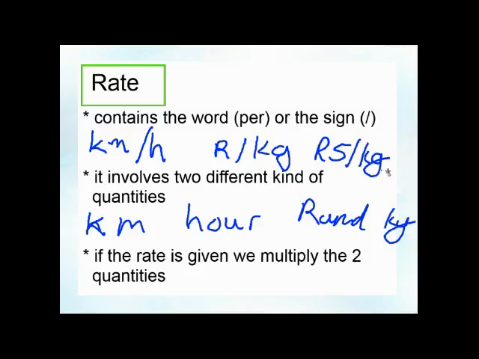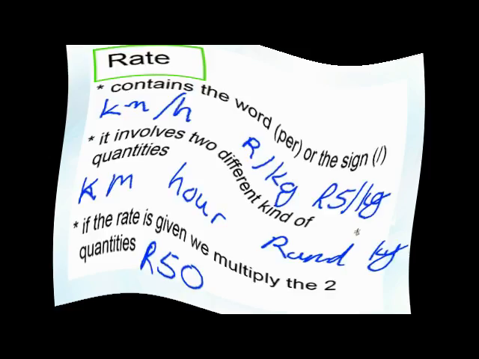So if we had, let's say, 10 kilograms of potatoes, what would be the total cost? So it would be 5 times 10 kilograms. The last one is always the one where you have to put in your values and then you multiply the two and then we will get 50 rand for 10 kilograms of potato.